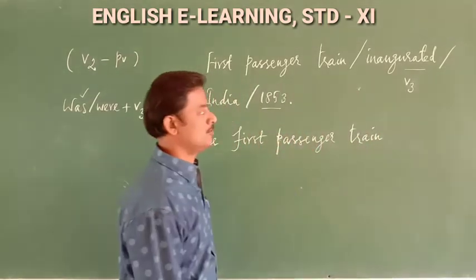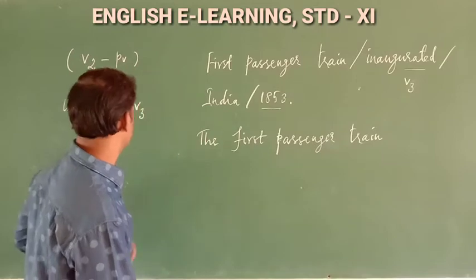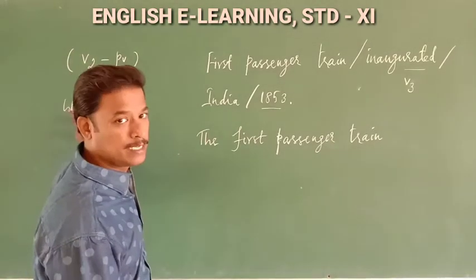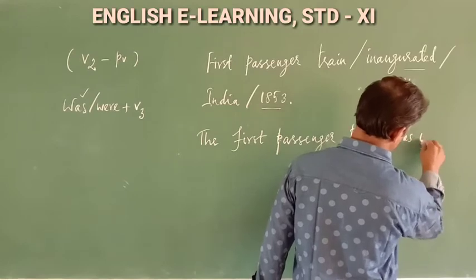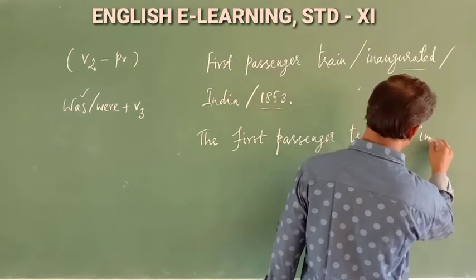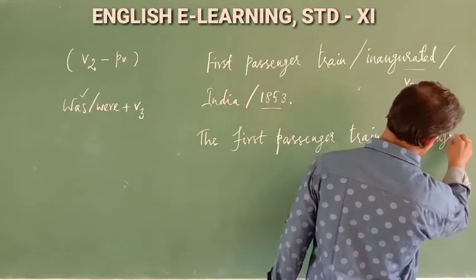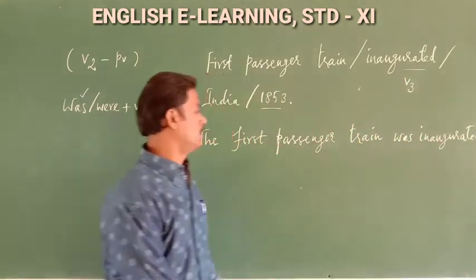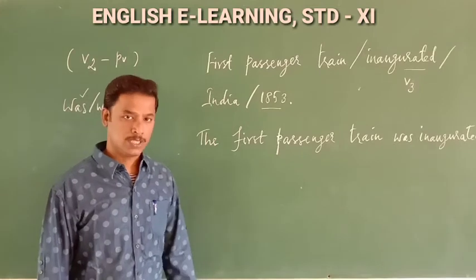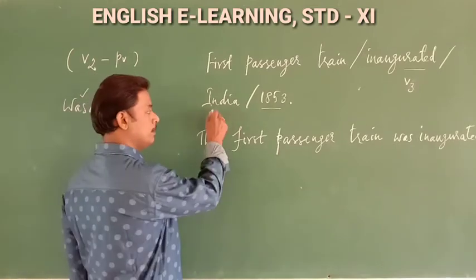The first passenger train. Again, the hidden verb is was. Again, the verb 3 is inaugurated. The first passenger train was inaugurated.